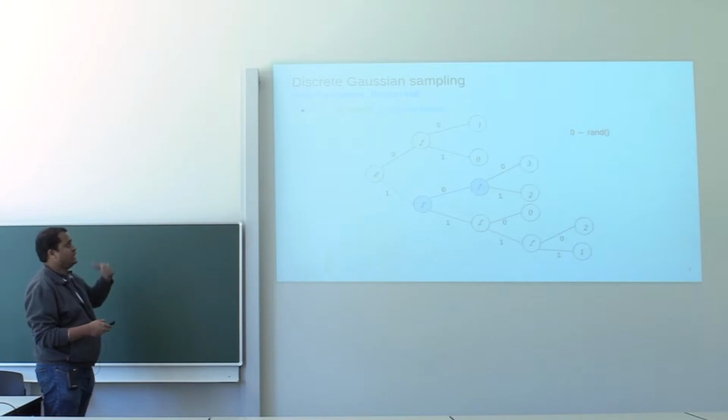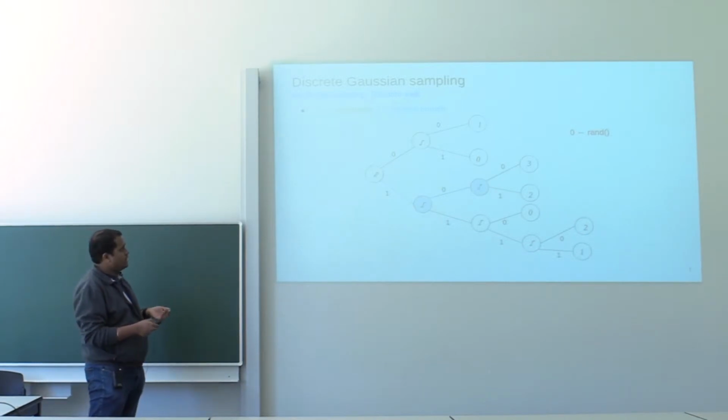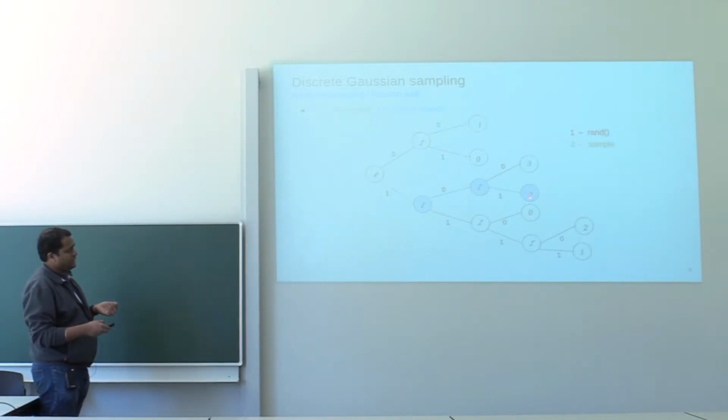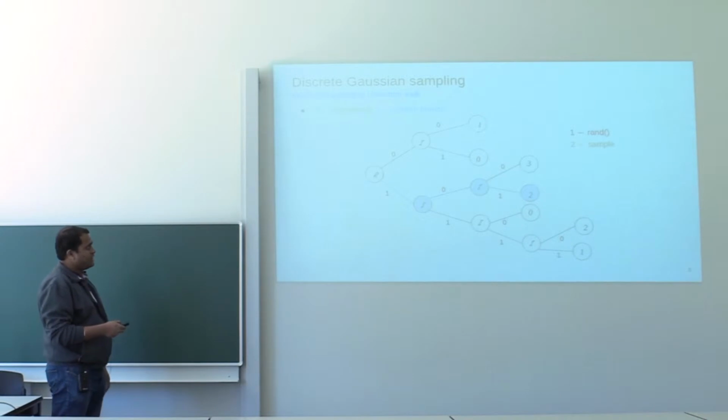This time it's 0, so we take the top one, but we still haven't hit a leaf node, so we go on. The next time we get the bit 1, so we take the bottom one, and now we have hit a leaf node. So now we return this 2 as a sample and terminate the procedure.